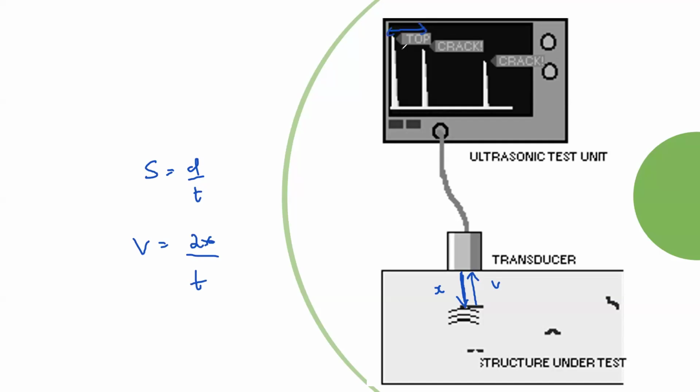I will just use the time scale of the CRO, the cathode ray oscilloscope, and find how many intervals there are between the two peaks, and that will give us the time. So we get the time, we know the speed, so we can work out the distance of the crack from the top of this surface.